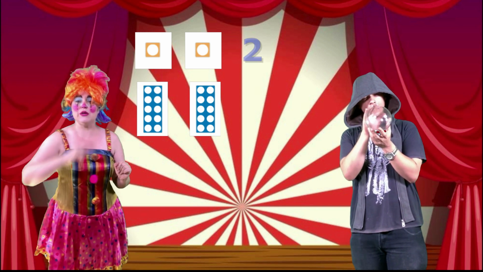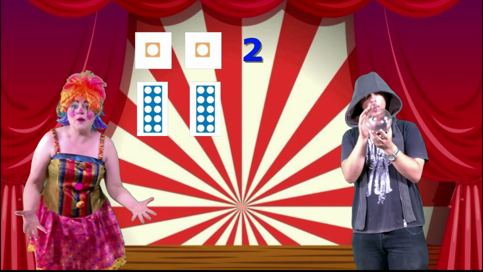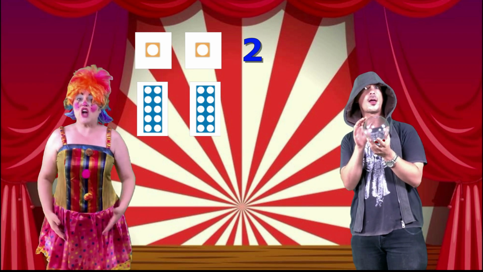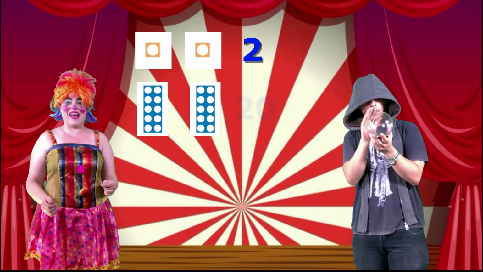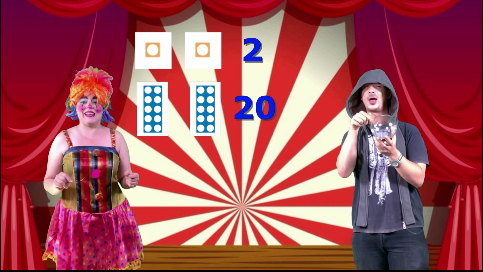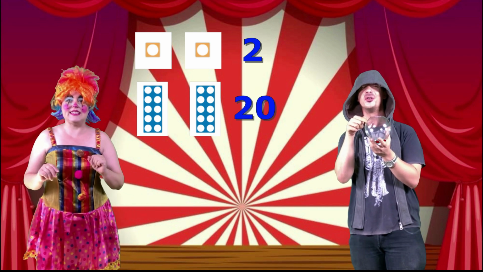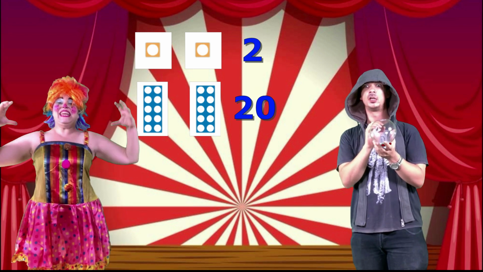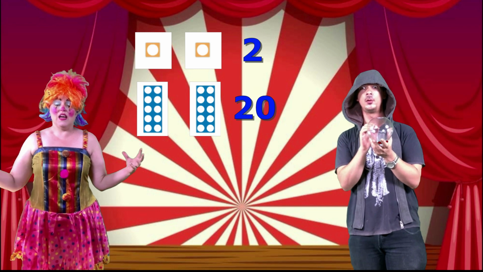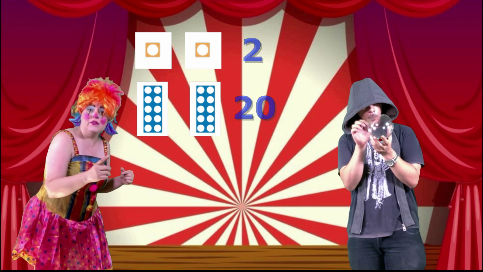That's right, 2. And how many holes in 2 Numicon 10 shapes? Very good, 20. So we can say that the number 20 is 10 times bigger than the number 2.